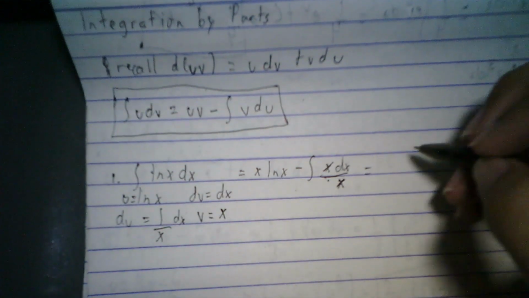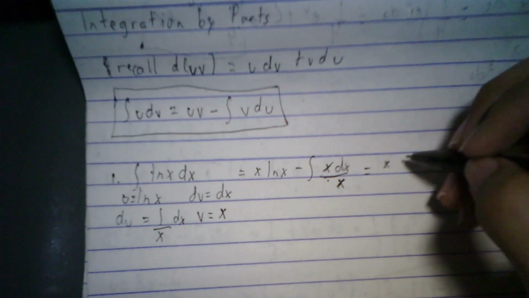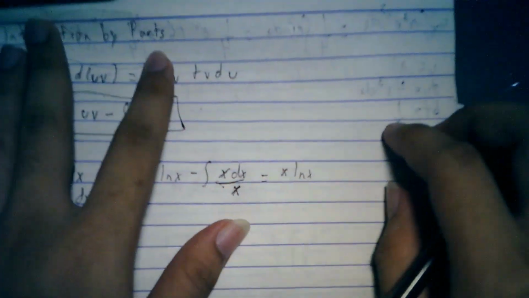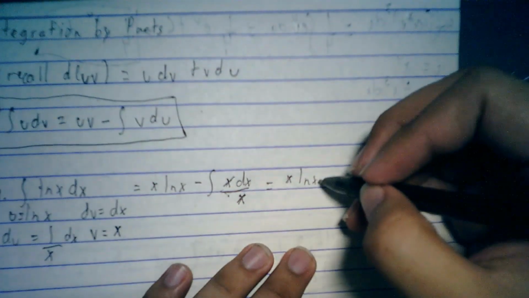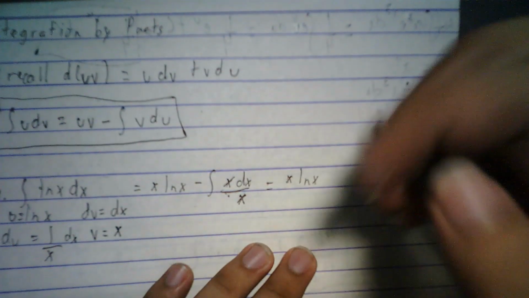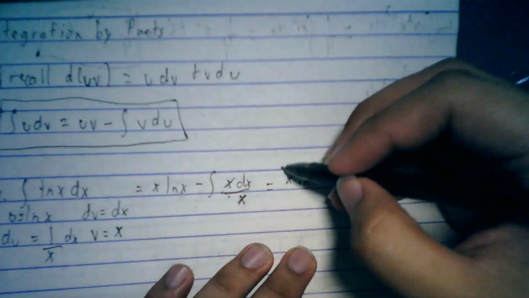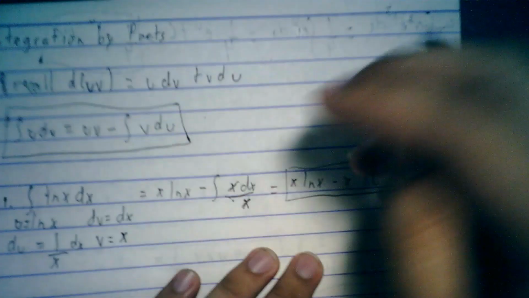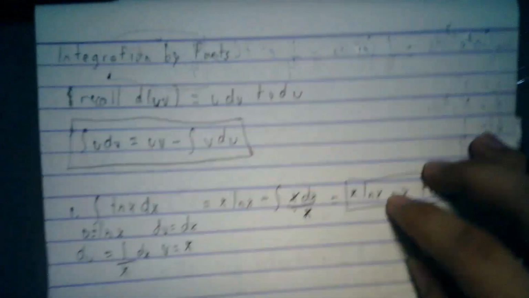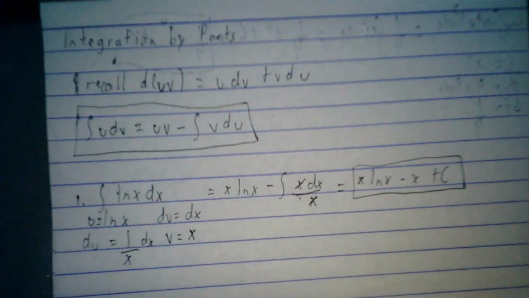So our final answer here is x ln x minus x plus c. This is our first example in integration by parts. It's easy, right? Yes, very good.